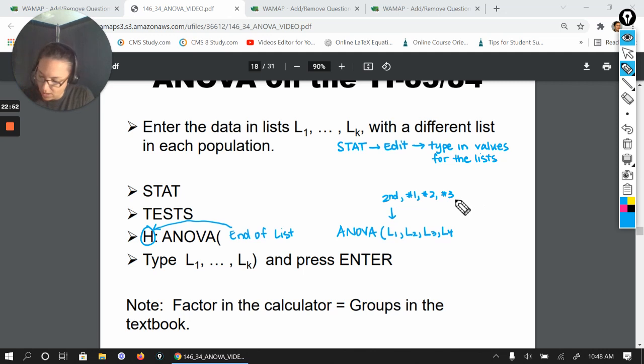Your actual calculator buttons that are 1, 2, 3, 4, 5, 6, those have your list numbers right above them. Okay, so that's where you'll find it. After you do that, you just press enter, and then you'll be able to see all of the summary data for that.